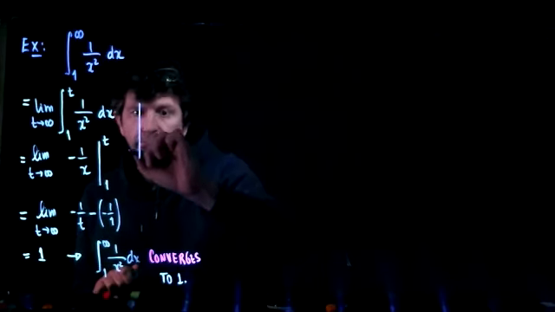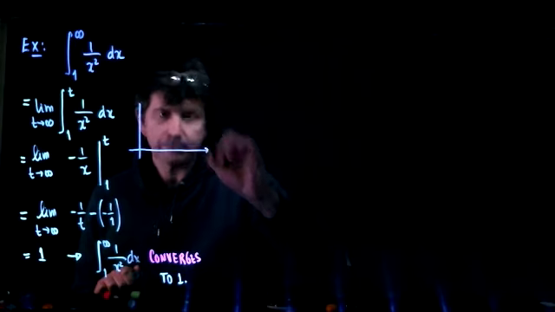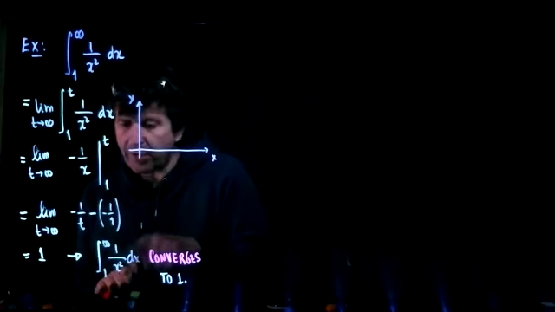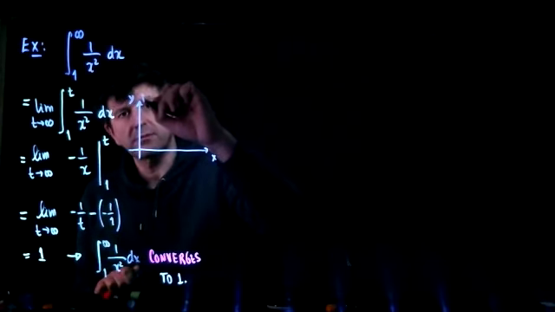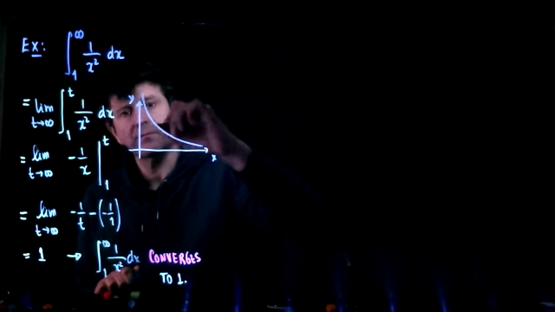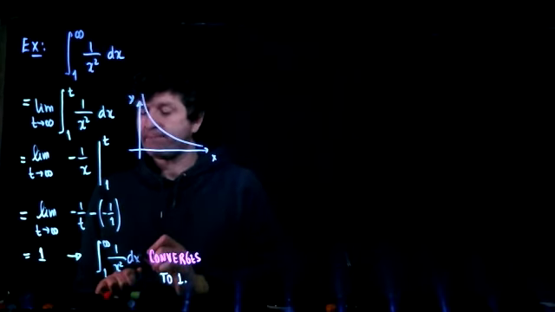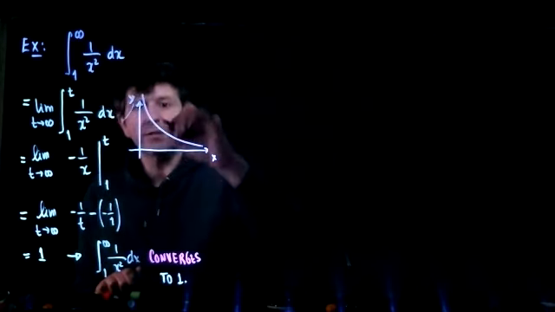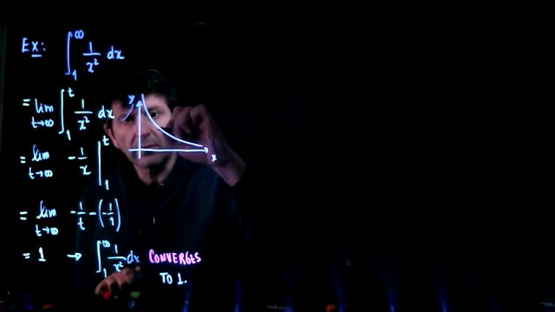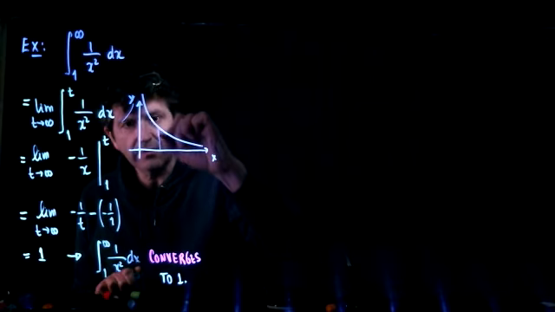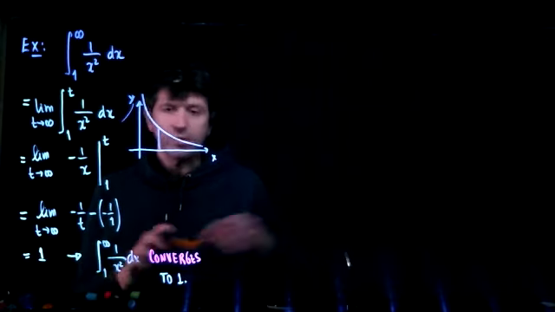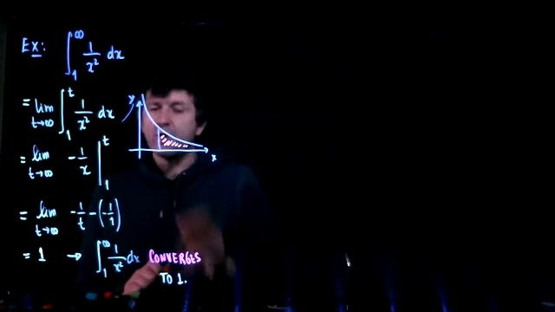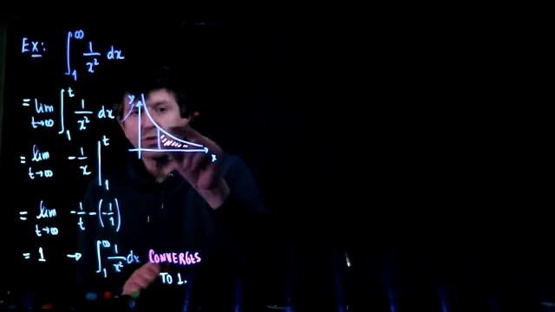In other words, the function 1 over x squared is something like this. That's what it looks like. Okay, and there's also the other side. But what this tells me is that this area here, this region, is getting closer and closer to 1. The further you go along the x, the closer this area becomes to 1.